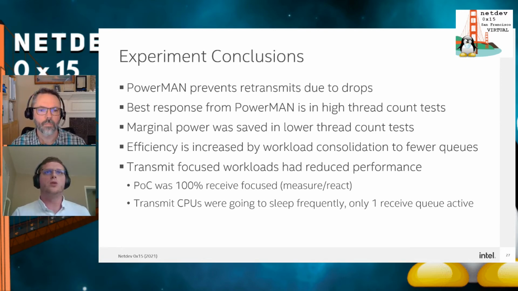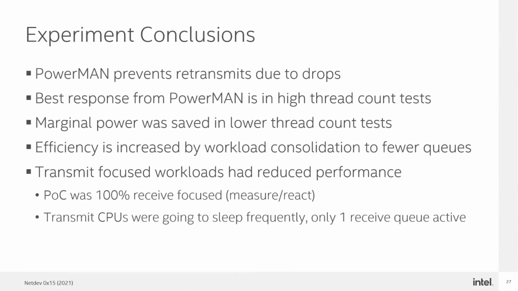We also didn't have huge benefits in the lower thread count tests. And I think one of the biggest things here was that we saw efficiency increase by consolidating the workload into fewer queues, which is where the RSS table came into effect. Next slide, please.